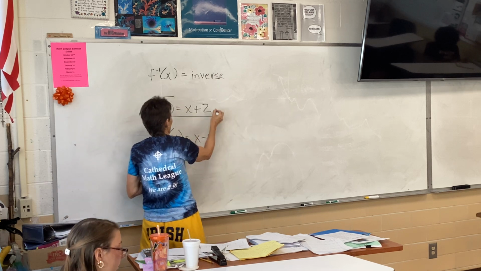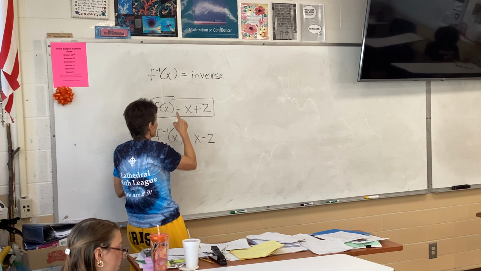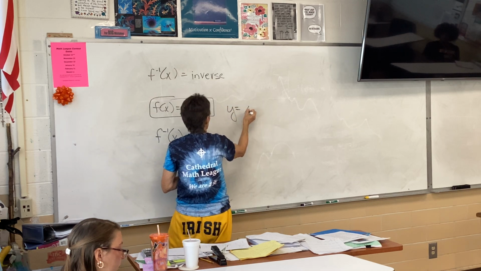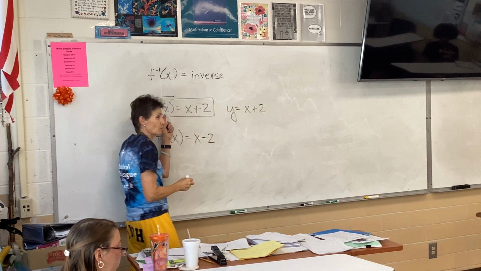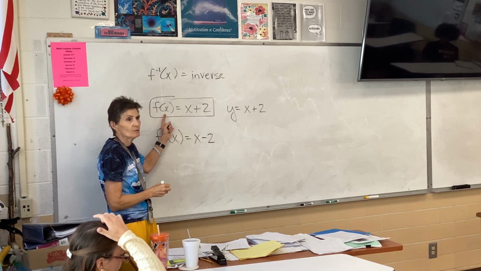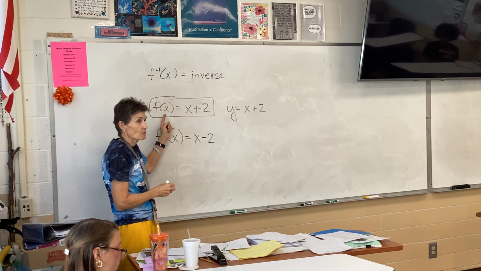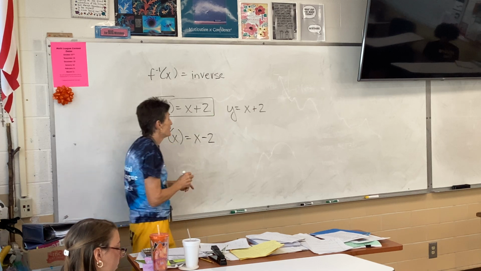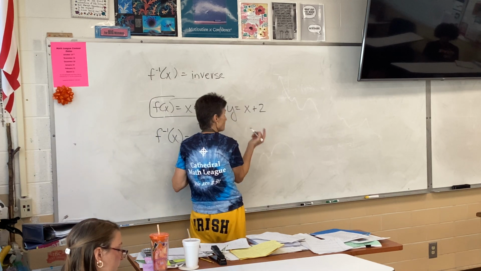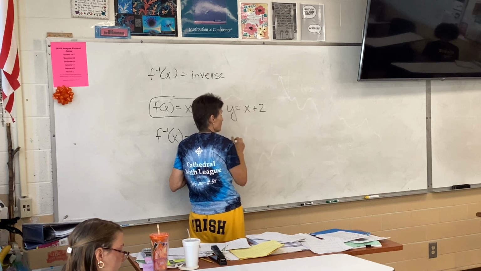Here was my original problem. I'm going to rewrite it as y equals x plus 2, because we learned last year in Algebra 2 that f of x is the same as y. So I'm just going to write it with y. Now, inverses flip-flop your variables.